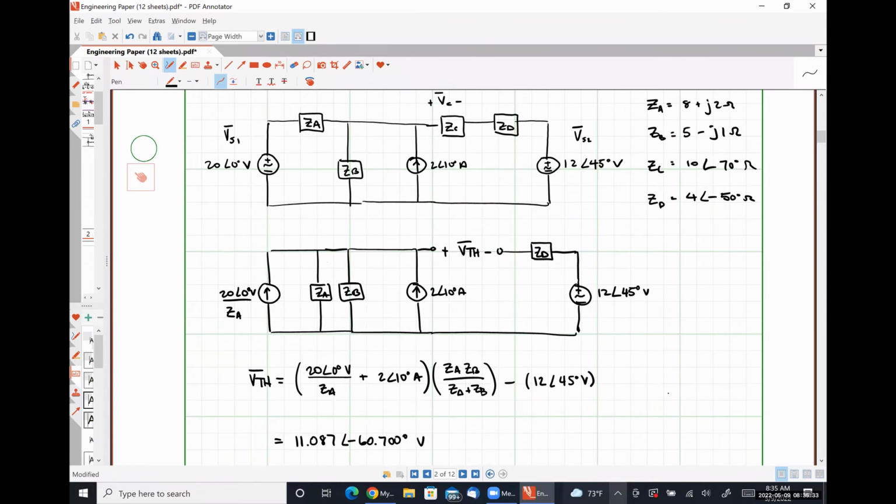How am I going to get my Thevenin impedance? With my Thevenin impedance, I just need to be looking at a dead network, right? So let's look at this representation right here, where we've turned off all of our independent sources. What do we see? To me, I see ZD in series with the parallel combination of ZA and ZB.